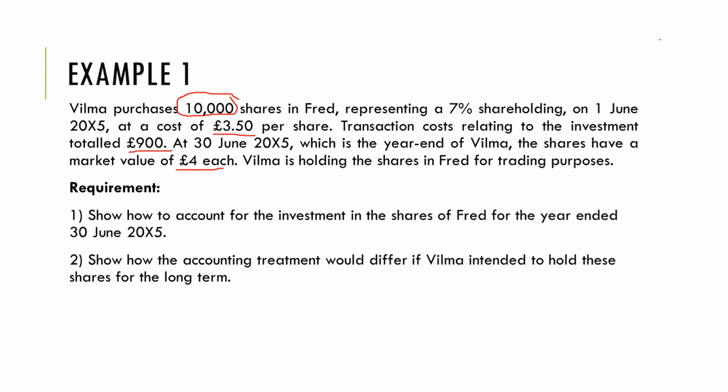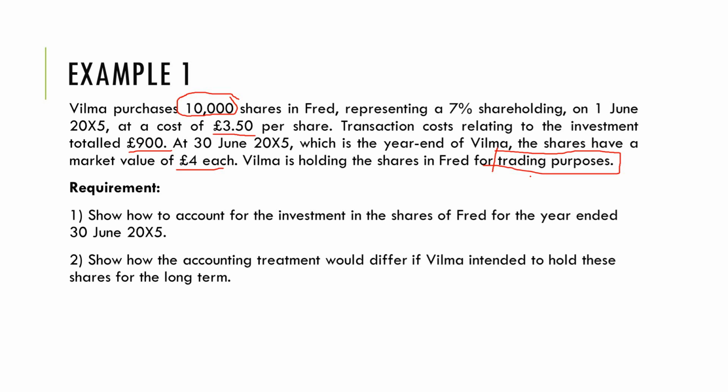So another hint here that we have to highlight is this one. Vilma buys the shares from Fred for trading purpose, meaning that you are buying this investment, you do not have the intention to keep this investment for long.